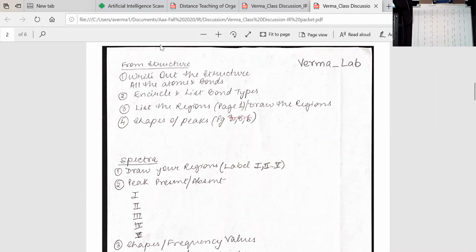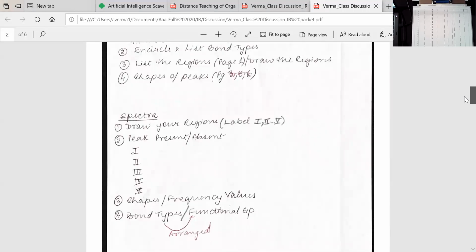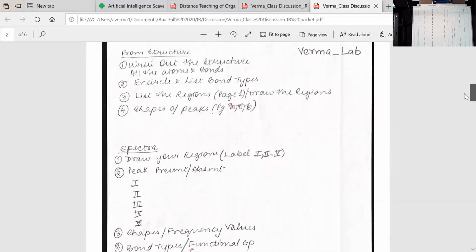You might be given a chemical structure and asked for its corresponding IR spectra, or you might be given a spectra and need to solve for its probable chemical structure. I have listed out the sequence that you should follow when solving both of these questions.